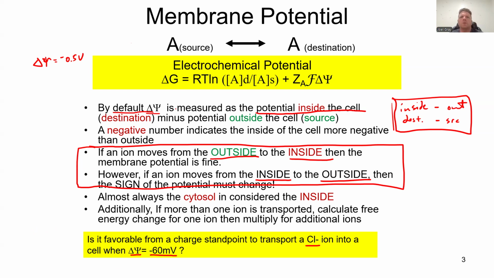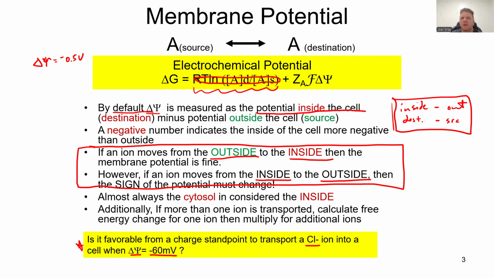Okay, so let's evaluate this. We've identified our ion, chloride. All of this information down here at the bottom where I put my star is kind of irrelevant to this. It's not asking us about this.